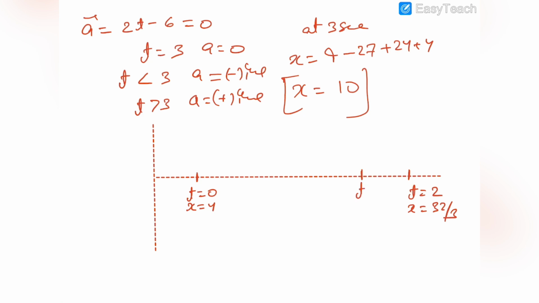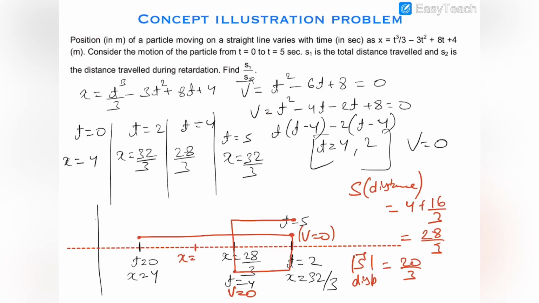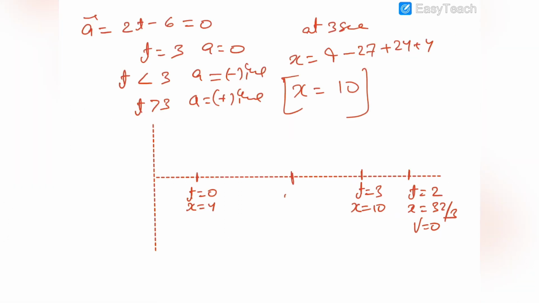Velocity is 0 at this point, t is equal to 3 seconds, x is equal to 10. Then t is equal to 4 seconds, x is equal to 28 by 3. And velocity is again 0 at this point, and at t is equal to 5 seconds, x is equal to 32 by 3.